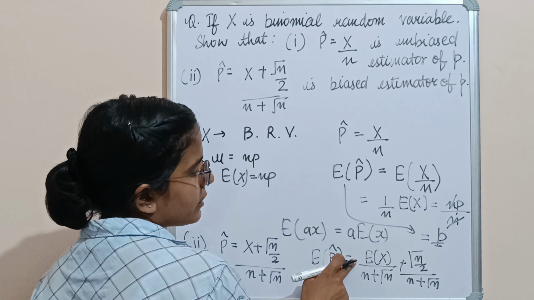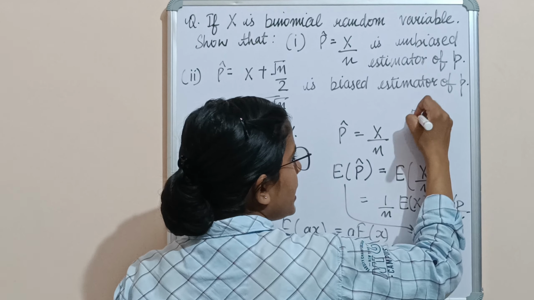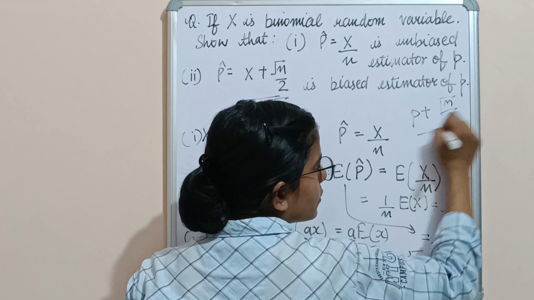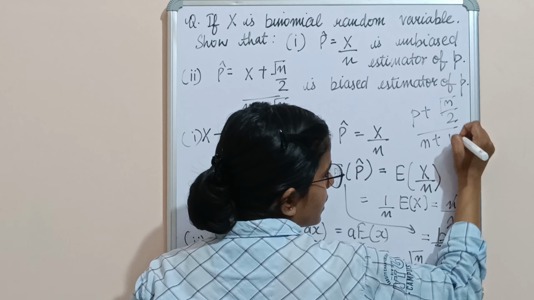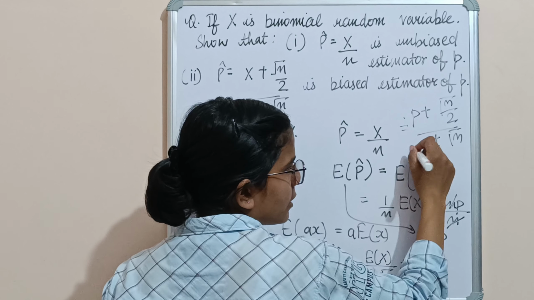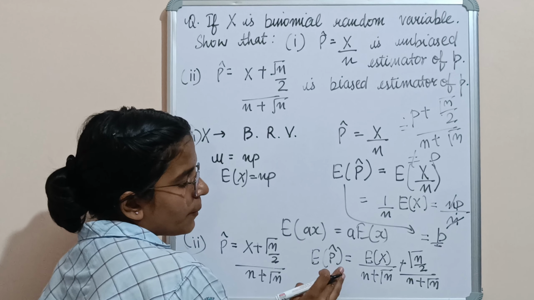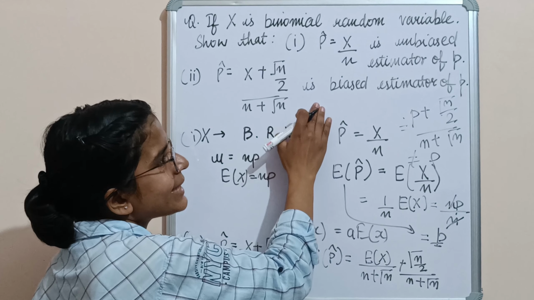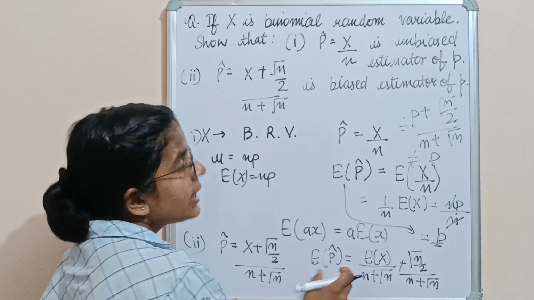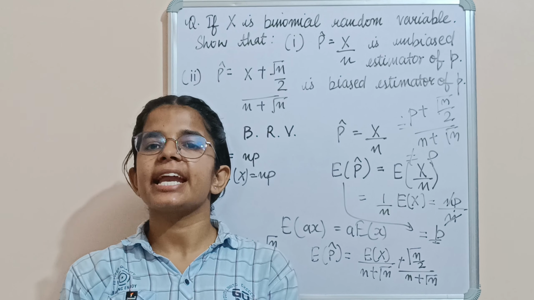Now if we put the value of expectation of X, this will be equal to p plus root n by 2 divided by n plus root n, and this is not equal to p. Therefore, p cap is a biased estimator of p because expectation of p cap is not equal to small p. That's all. We will meet in our next lecture.